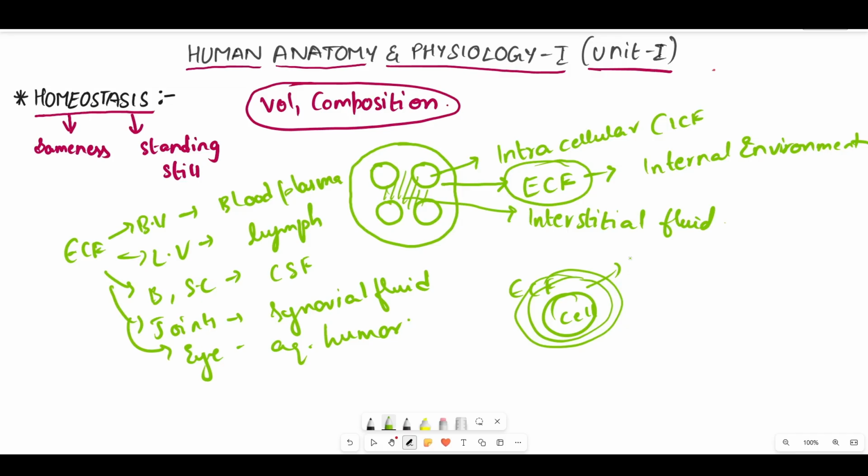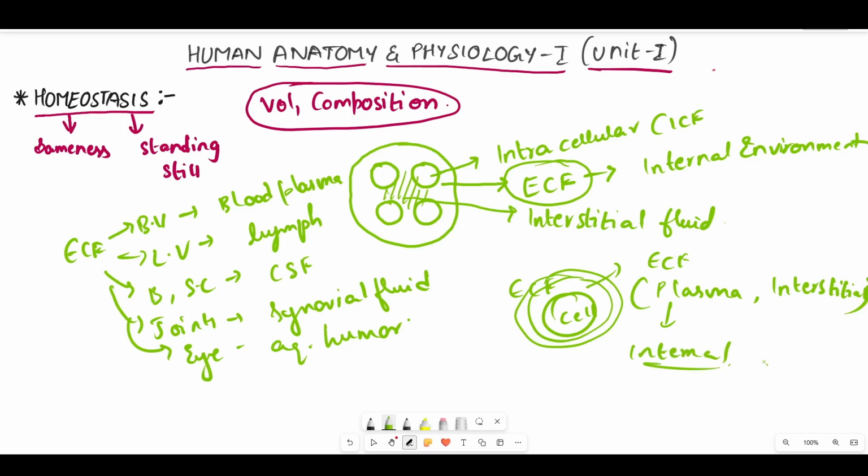Because of the presence of ECF, a body cell can function properly, and this ECF has two components: one is the plasma and the other one is interstitial fluid. So plasma and interstitial fluid together are called ECF. This acts as the internal environment.